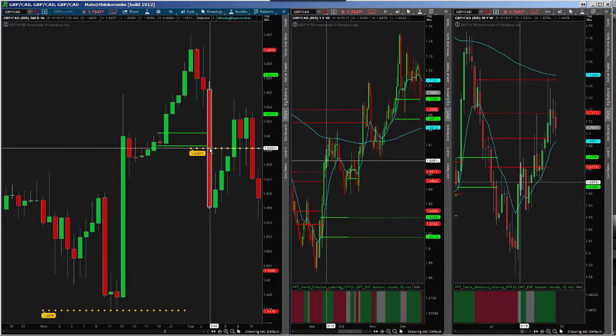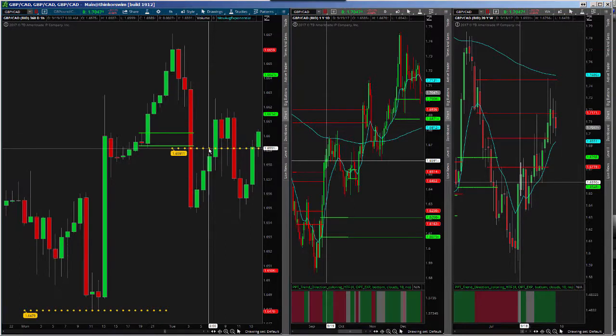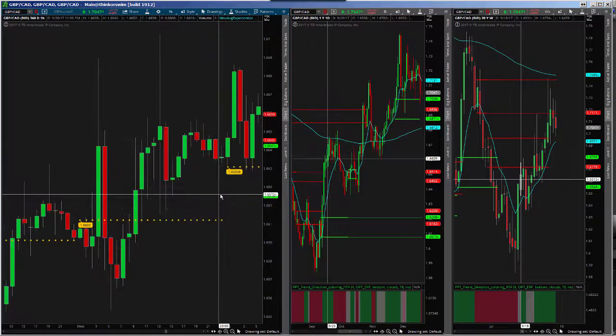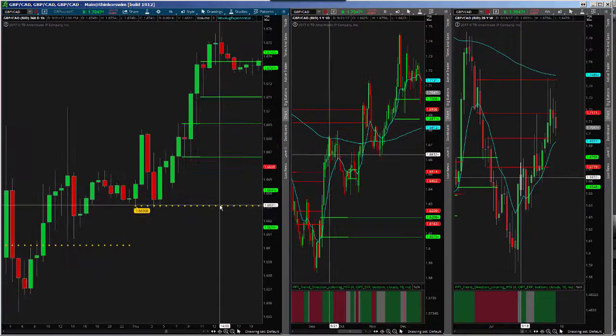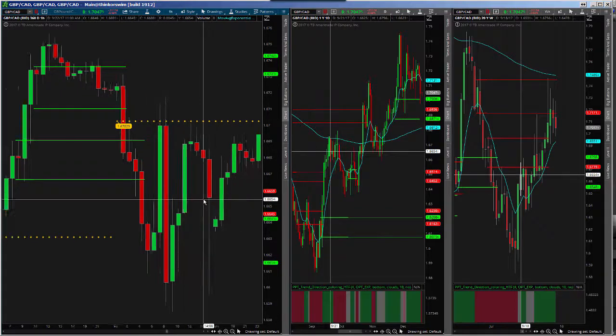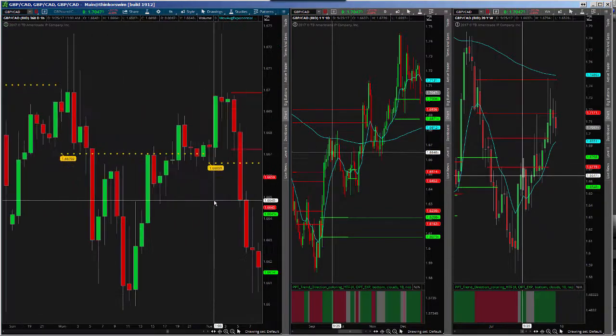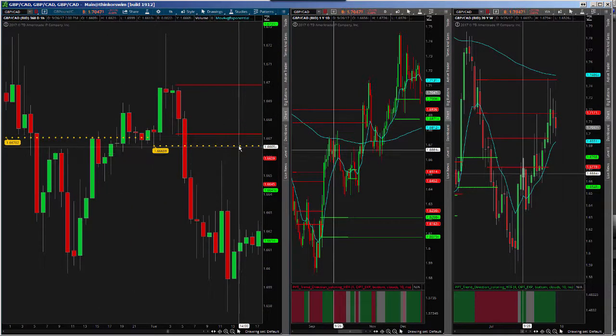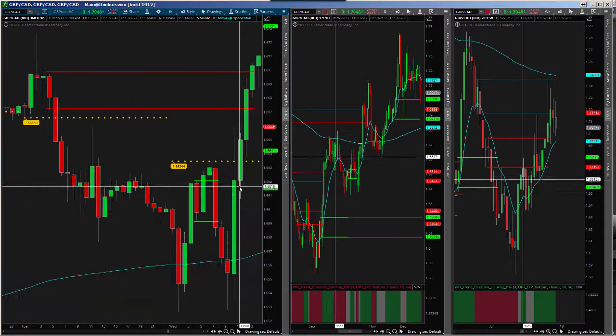Must also have been news around this time, maybe some European news. Clearly we're not going to trade around news, right? Okay, those are not 2 pips away.